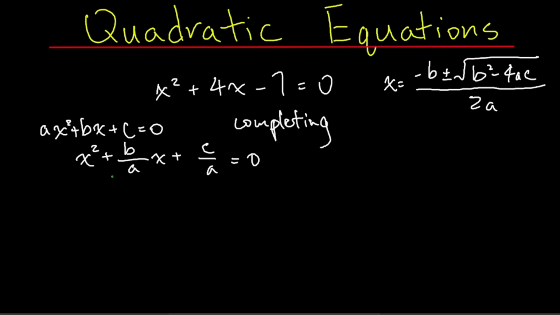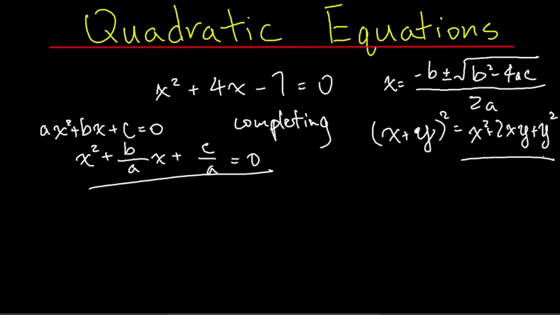Now we want to be able to complete the square. So that means, remember that when we square something, let's say we square x plus y, we have x squared plus 2xy plus y squared. So we want to somehow mold this into this form. Now, x squared is already here.